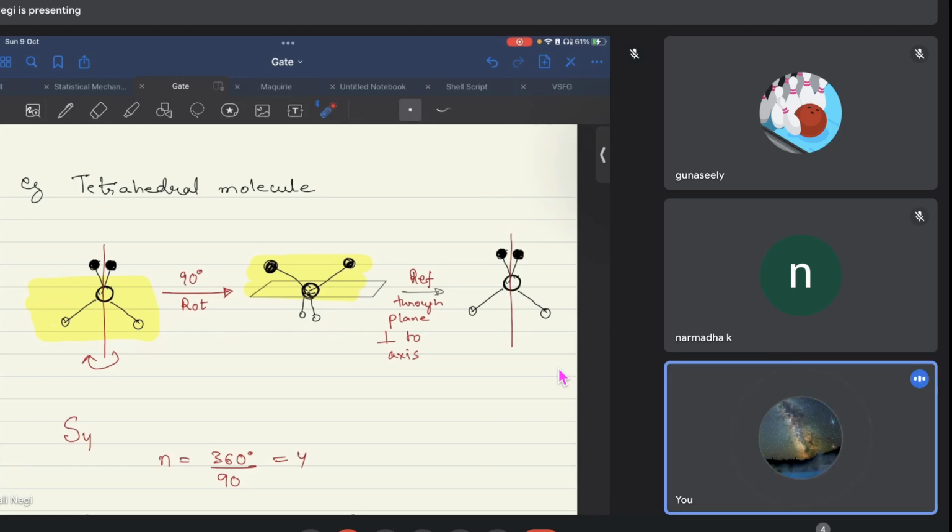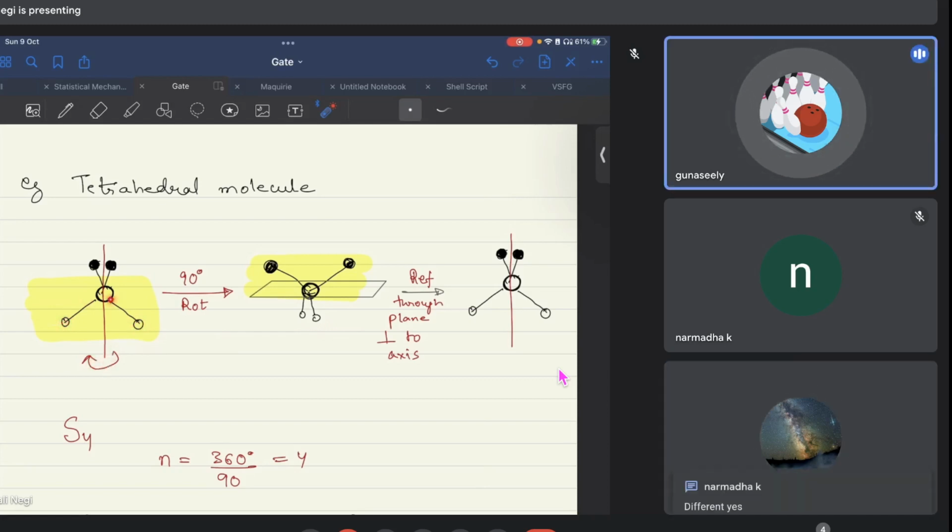I don't know why you are saying same, but where you have the confusion is, these two atoms first were in the yellow plane, but after rotation this will move here, correct? Here this will go behind the plane. Are the 4 atoms same or different?